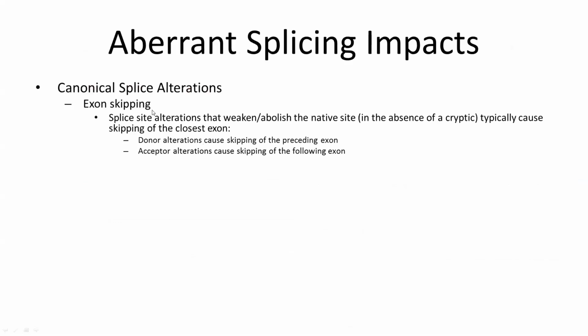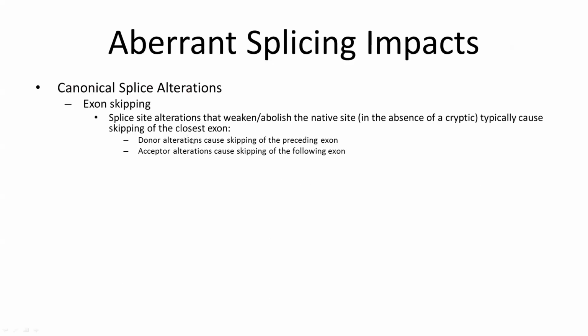But basically, when you're interpreting how this might affect the transcript or the protein, for the most part, if it's going to cause an exon skipping event, splice sites that weaken or abolish that native site, when there is no availability of a cryptic site nearby, it's going to cause skipping of the closest exon.